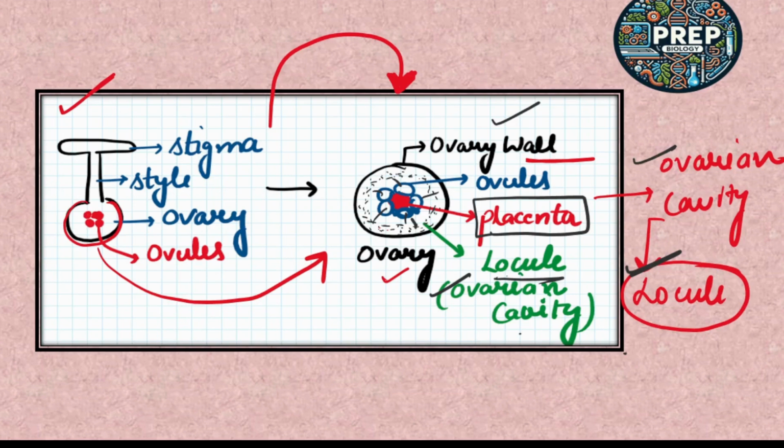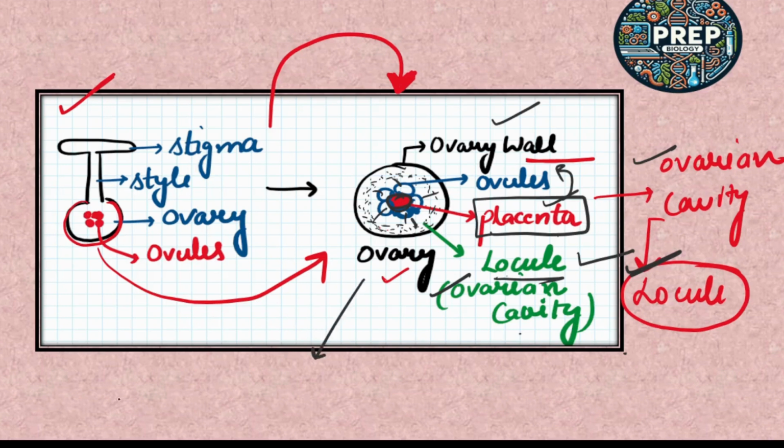This is the vacant space, the chamber-like structure which contains a number of ovules. That is called the locule. Now, the middle part is called the placenta. What is placenta? From where different ovules arise. So here the placenta and locule parts are very important, so make sure you note it down.